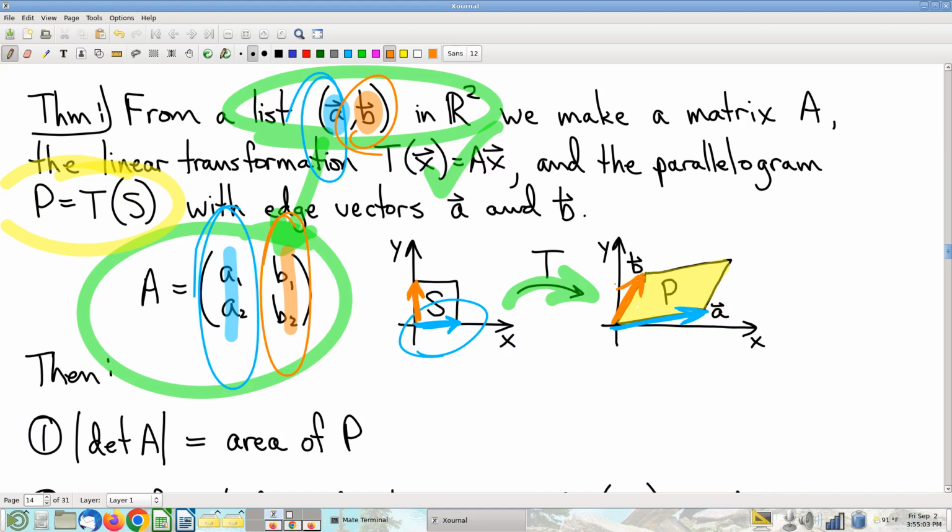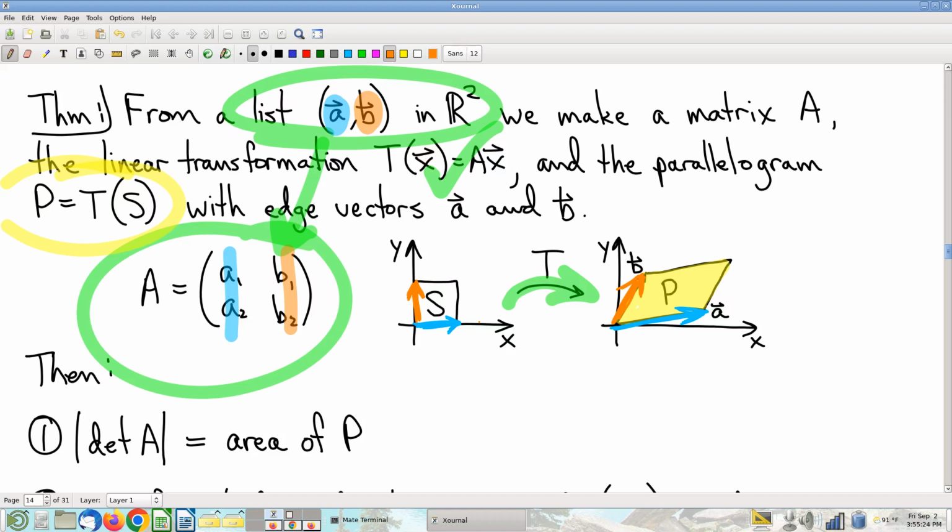Okay, now, here's the thing. I haven't really done anything yet. I've made a bunch of stuff, but I haven't asserted any shocking facts. I've just observed that if you have a list of vectors, you can make a matrix, you can make a transformation, you can make a parallelogram. So what?